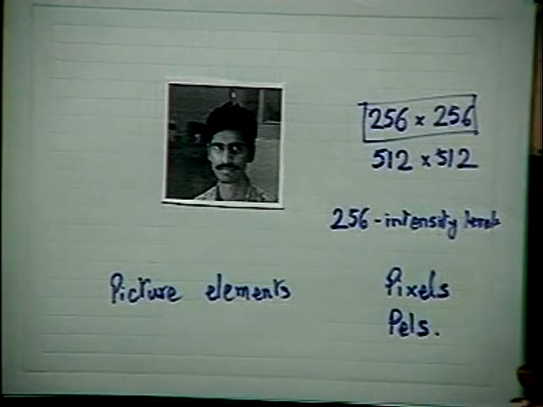Say you argue that instead of 256 levels we will use 65,536 intensity levels. Well and fine, your picture will look better, but when storing the image in a computer, with 256 intensity levels you can store every pixel in 1 byte. 1 byte corresponds to 8 bits, so it can cater for 256 intensity levels.